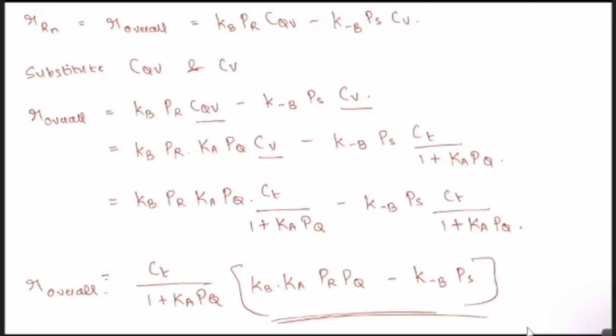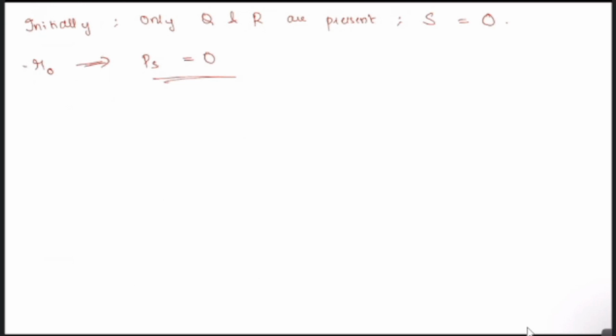Now they said that initially only the feedstocks, or the reactants, are present. So initially only Q and R are present. That means S is 0 initially. So if we write the overall reaction rate at initial stages as R0, then here PS will be equal to 0.